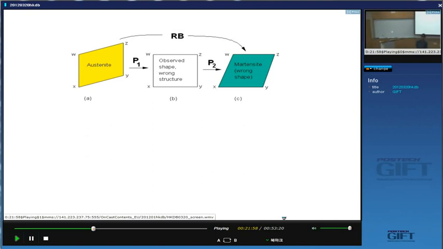Okay? So what kind of deformation can I use in order to change the shape without changing the crystal structure? Any ideas? What kind of deformation do I need to use in order to change the shape without changing the crystal structure?